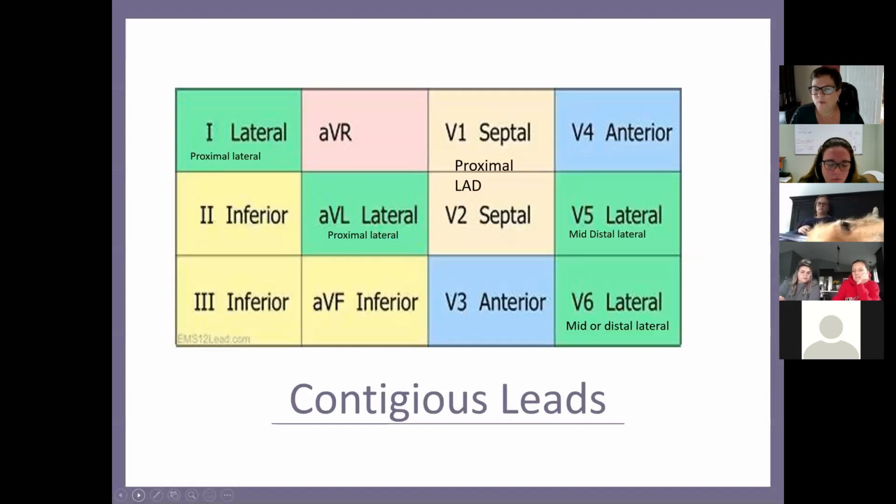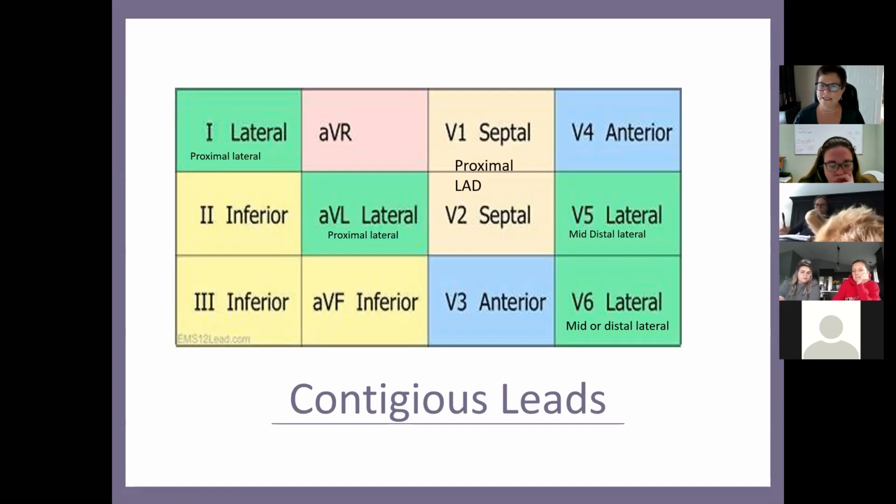So what do we have to remember for 12 lead? This is a right dominant patient. And so my ECG that's done in North America is always going to be laid out in this manner. Lead 1, 2, and 3 in the first column, augmented voltage right, left, and foot in the next column, V1, 2, and 3 in the third column, 4, 5, and 6 in the fourth column.